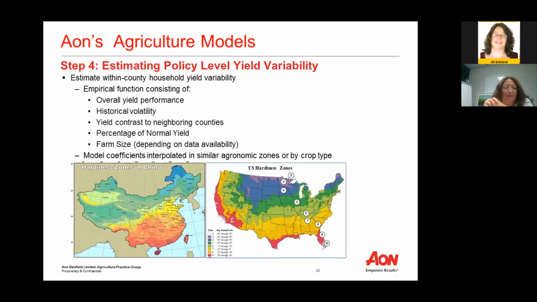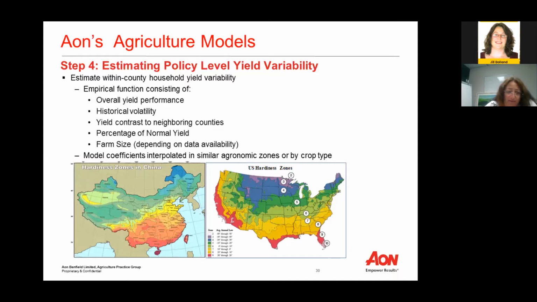So basically, in some ways, what we did is we mapped similar agronomic zones, then we started with the US increase in variation, or their estimation, and we used that as a starting point for our China model.